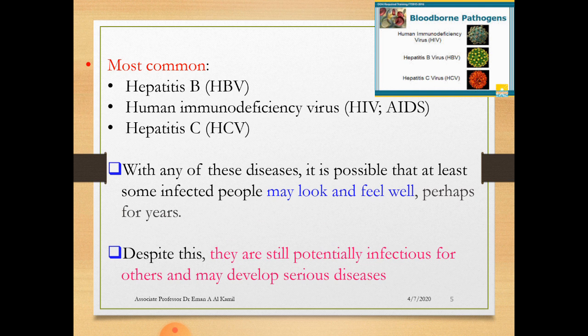The three most common types of bloodborne pathogens include hepatitis B virus, human immunodeficiency virus, which causes AIDS, and hepatitis C virus. With any of these diseases, it is possible that at least some infected people may look and feel well, with no signs and symptoms for years.